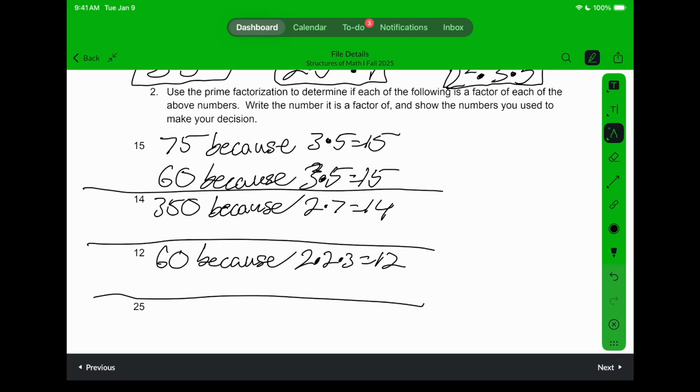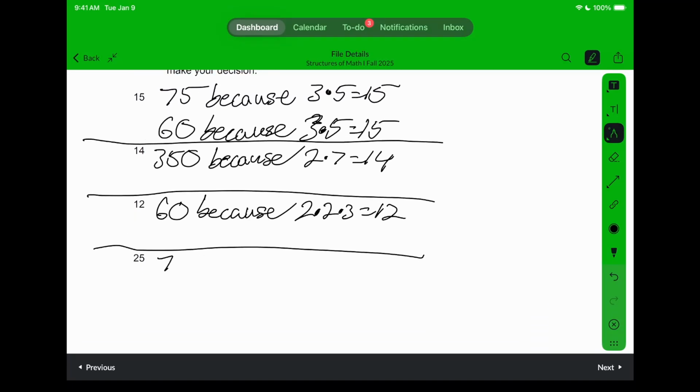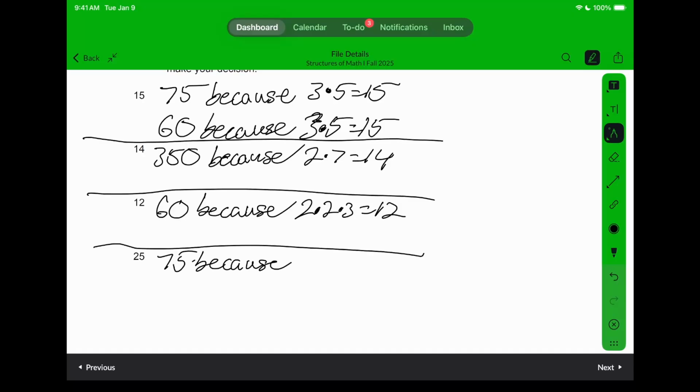But we still have 75 because the 5 squared equals 25. And then 350 because, again, 5 squared equals 25.